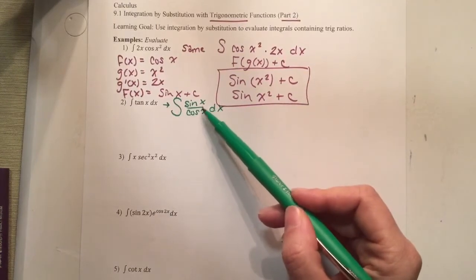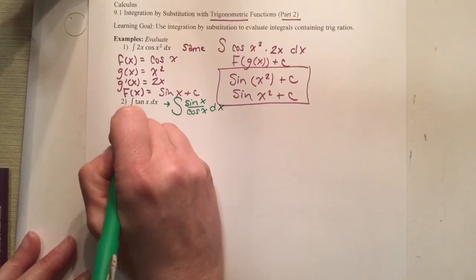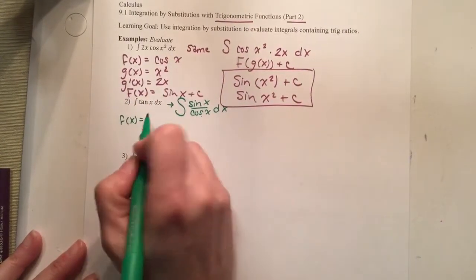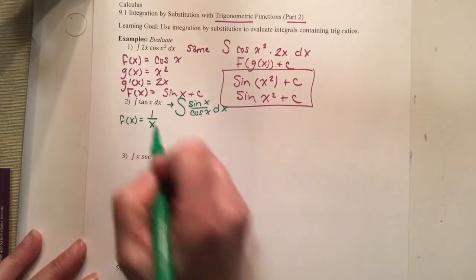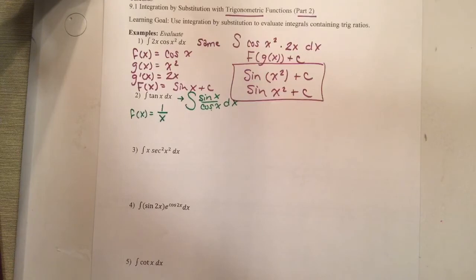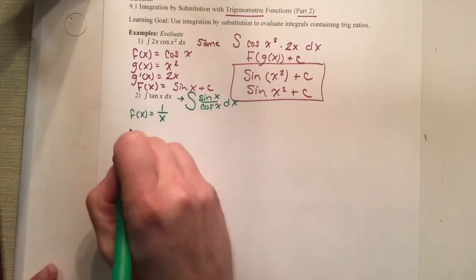If you are looking at something in this format, here's just another trick. I am looking at a fraction. My f of x is 1 over x. Just watch this problem and you'll see how it all comes together. So 1 over x is f of x.